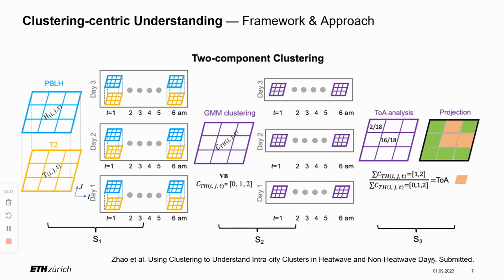Then we perform Gaussian mixture model based clustering analysis, which gives us 18 clustering outcomes. In the last step, we apply a threshold of appearance: basically, we count how many times a particular cell is counted as a cluster of rural area or urban area. By doing that, we can determine whether a particular cell should be counted as a rural or urban cluster. So that's the approach, quite straightforward.